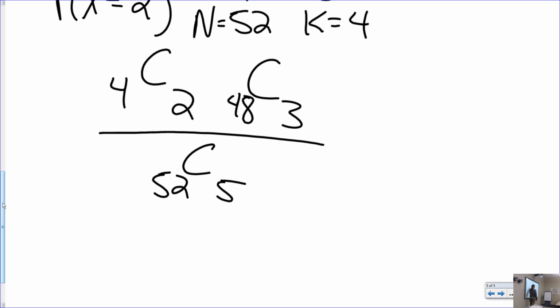This is the number of ways you can get 2 kings out of the 4 kings in the hand. And then the key is the next piece, making sure that you don't get any more kings in your hand. So of the 48 other cards, how many ways can you choose 3 of those to finish building your 5-card hand?